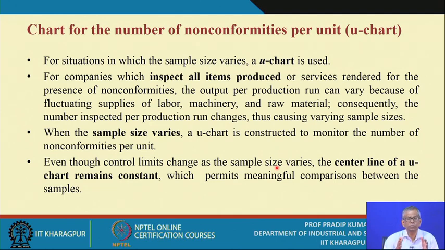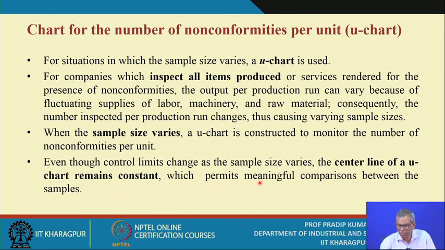In the first example we assumed that the area of the fabric is 100 square meters. Here it may be 100 square meters, 150 square meters and so on. If you come across such situations, the C chart is not applicable. What is applicable is the U chart, the number of nonconformities per unit.